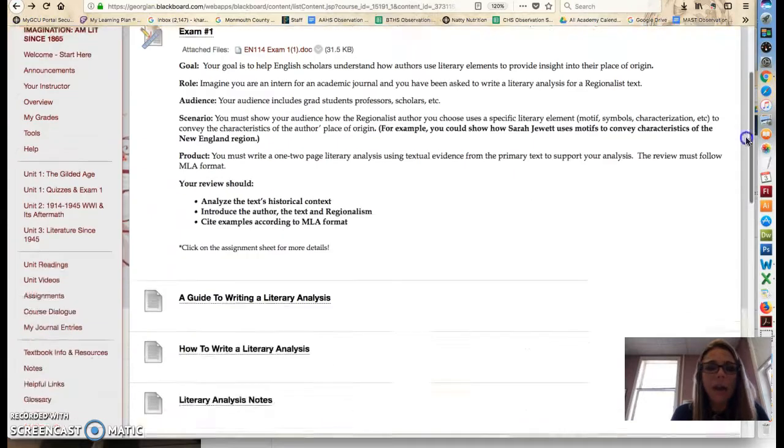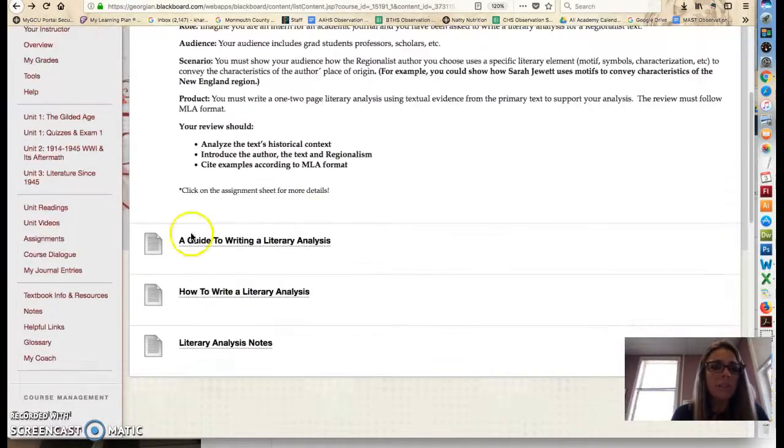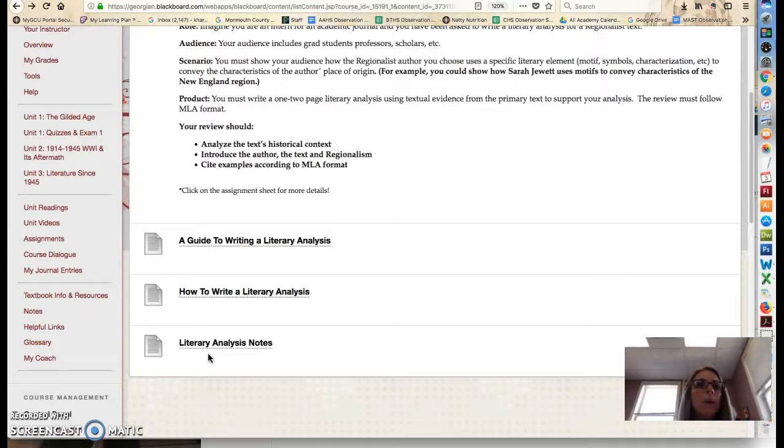And then throughout the folder, you'll see various resources and files to help you with literary analysis, okay? Now, this is a work in progress. This is your first literary analysis. So, yes, it's an exam, but this is basically, I would say, like a draft, because once I give you feedback, you will have the option to revise if necessary, okay?